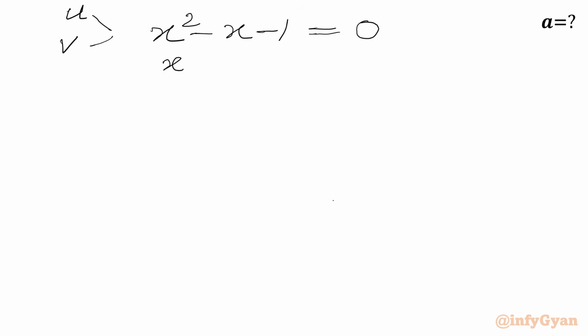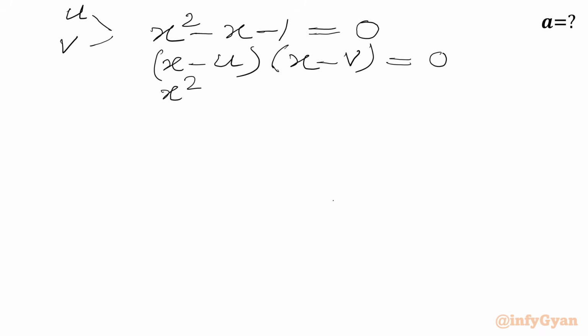Now we can write (x minus u) times (x minus v) in the LHS, as we have u and v as roots of the quadratic. Now we will multiply, and we will get x square minus (u plus v) times x plus uv equal to 0.